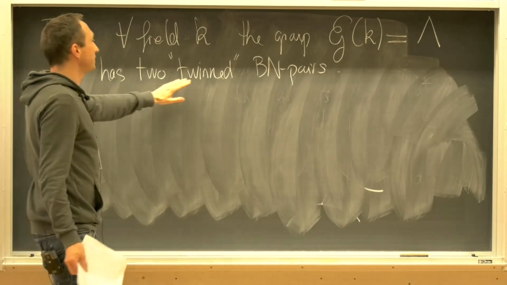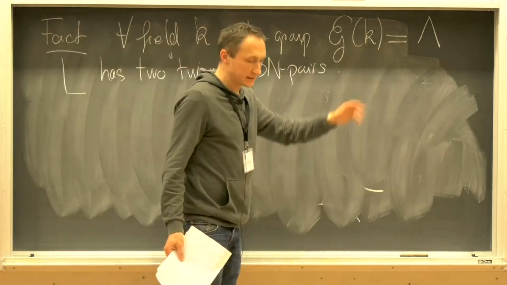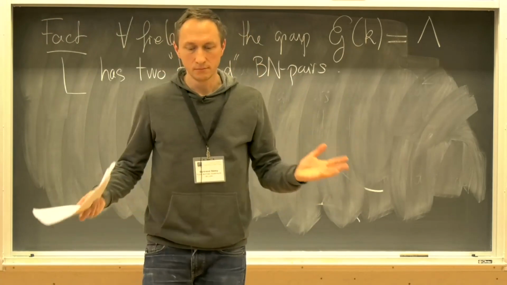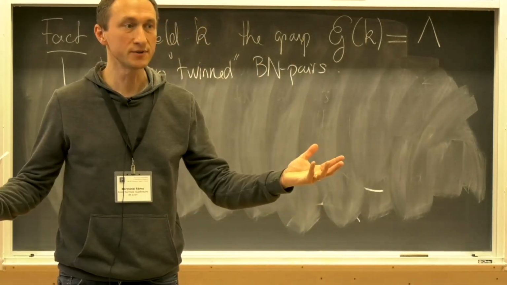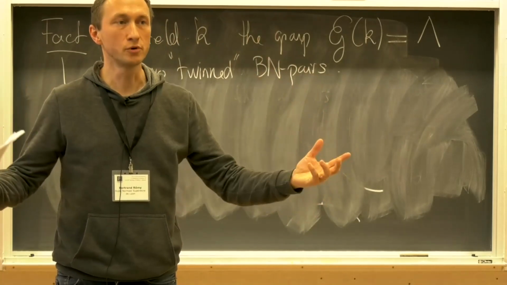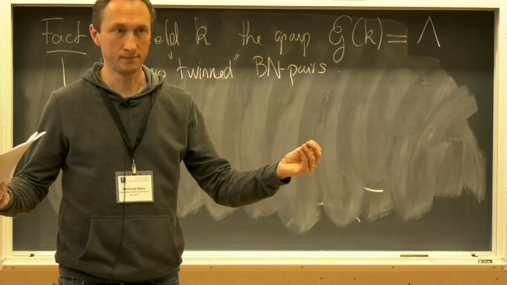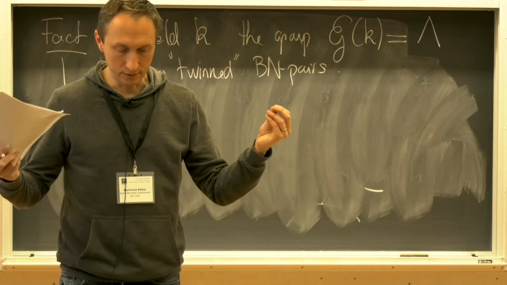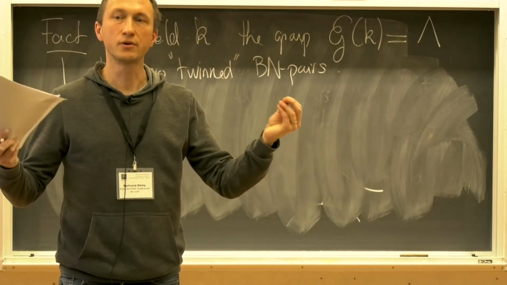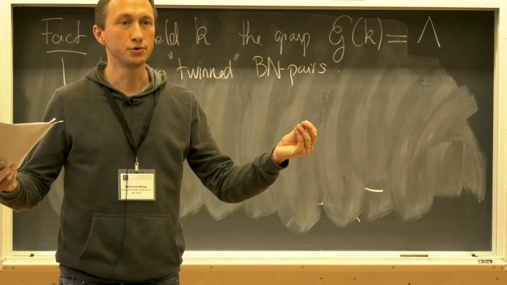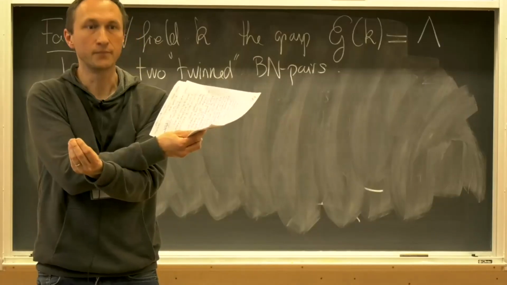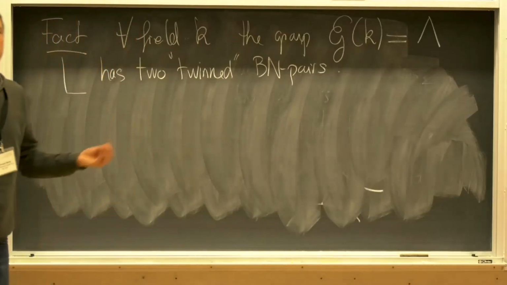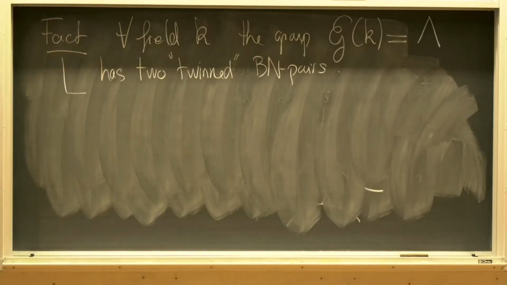And what I mean by twin is the fact that the group is so nice that it has two collections of subgroups satisfying the Tits axioms, and these collections of subgroups do not carry the same information. This corresponds to the fact that in general the Weyl group is infinite, so you have no longest element in the Weyl group switching positive and negative roots. So we have to have two Tits systems in some sense.